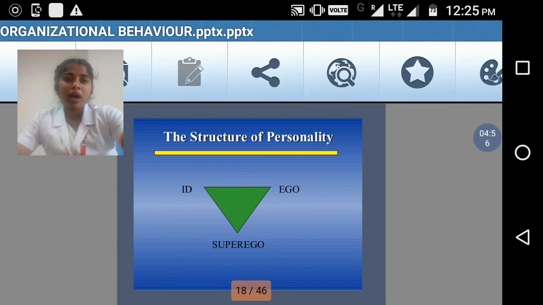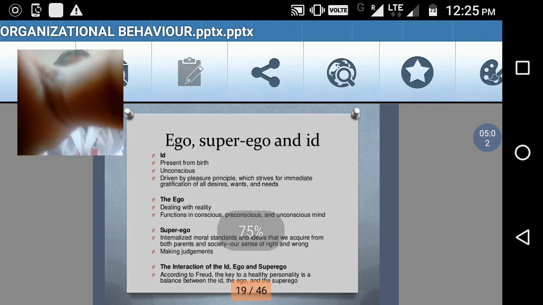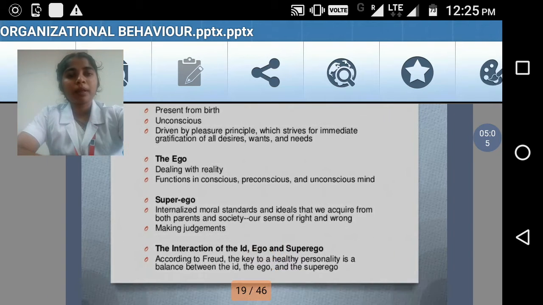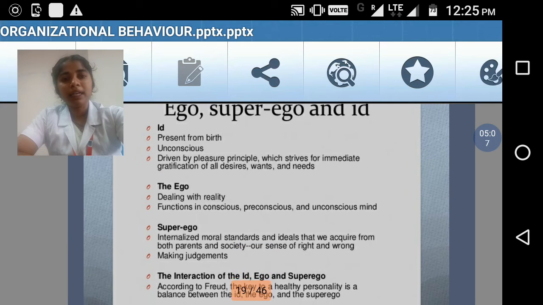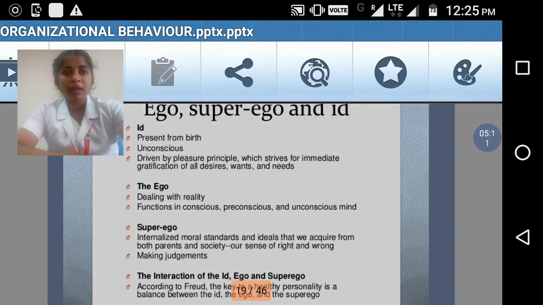And the structure: let's see the structure of id, ego, and superego. First, the id. The id is present from birth.